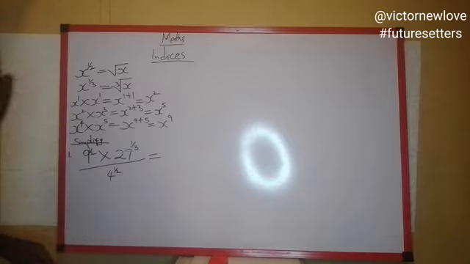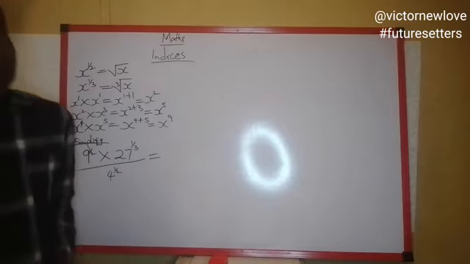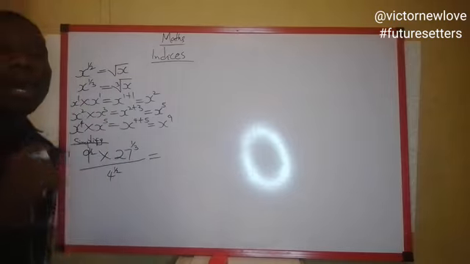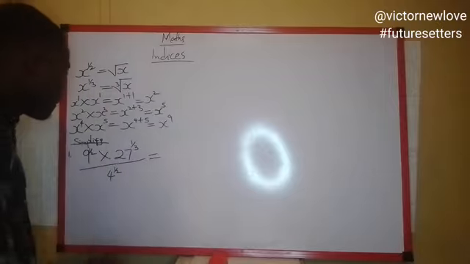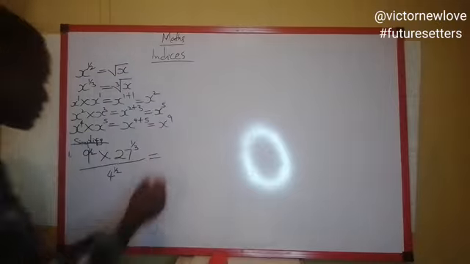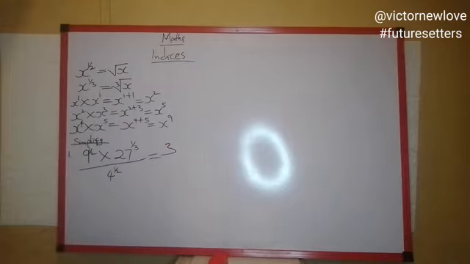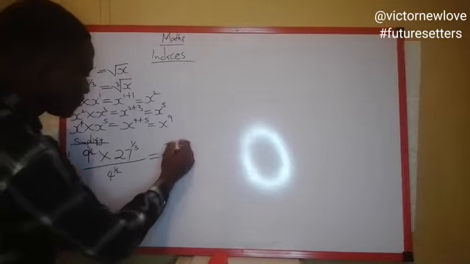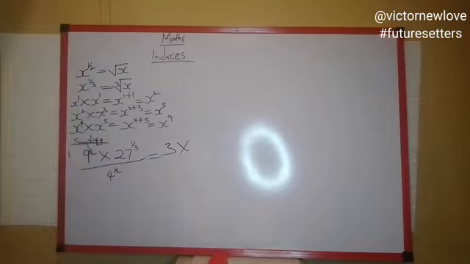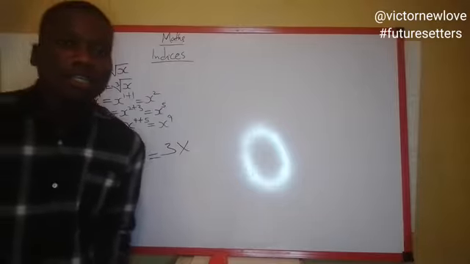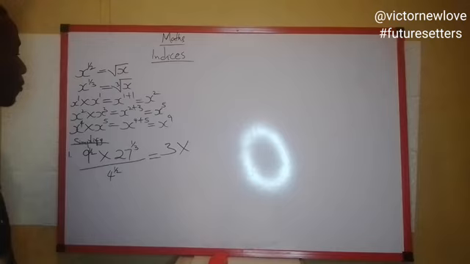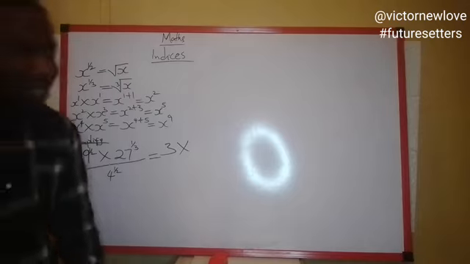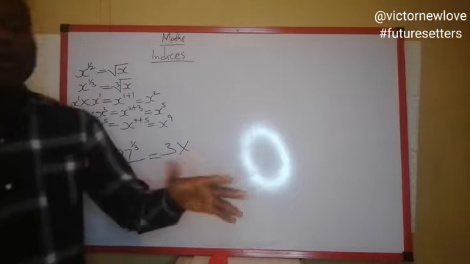In a situation where we have 9 raised to power half, 9 raised to power half will give you the square root of 9. And what is the square root of 9? 3. So what is 9 raised to power half? 3.